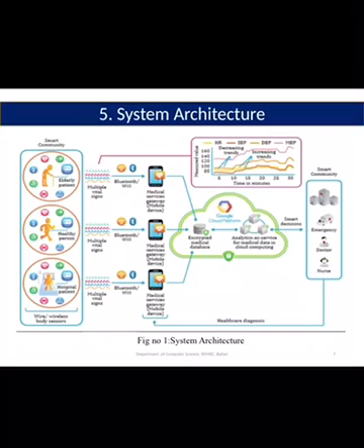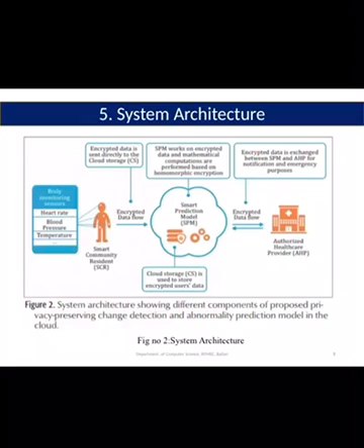So moving forward, this figure illustrates a system architecture showing different components of the proposed privacy-preserving change detection and abnormality prediction model in the cloud. So SCR, Smart Community Resident, is a patient whose various factors are monitored, such as heart rate, blood pressure, temperature. After collecting the status of the patient's condition, this information is encrypted.